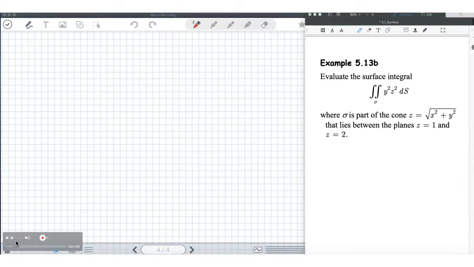Okay, the third example, we have to evaluate the surface integral of y squared z squared dS over the surface sigma, part of the cone that lies between z equal to 1 and z equal to 2.